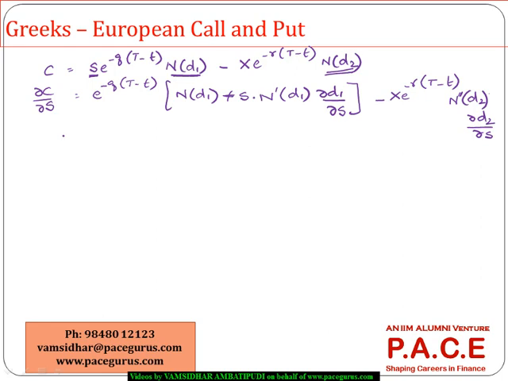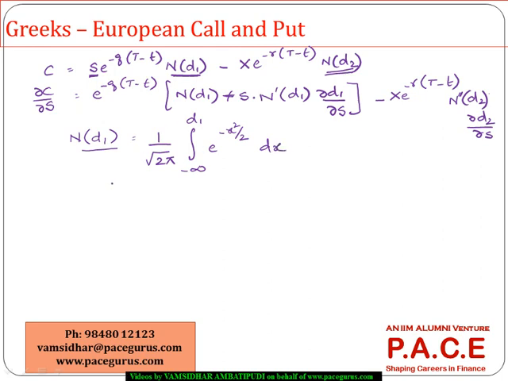Now, first of all, if I have to simplify this and get to one interesting relationship, we know that N(d1) I can write as 1 by root 2 pi, going with a typical probability density function, or rather this is a cumulative distribution function, so I can write it as the integral from minus infinity to d1 of e power minus x squared by 2 dx.